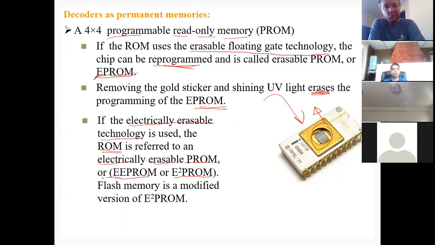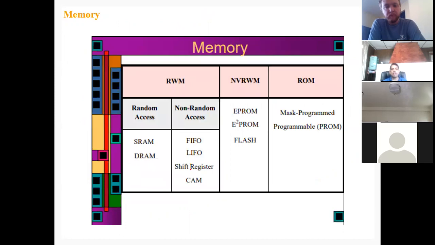Remember the flash memory we use nowadays? This is also a modified E squared PROM. There are several memories, as you can see. We talked about PROM. There are E squared PROM, flash memories, and you have heard of random access memory.